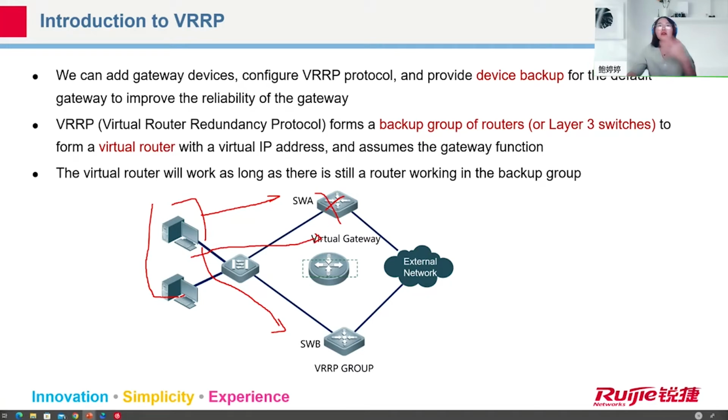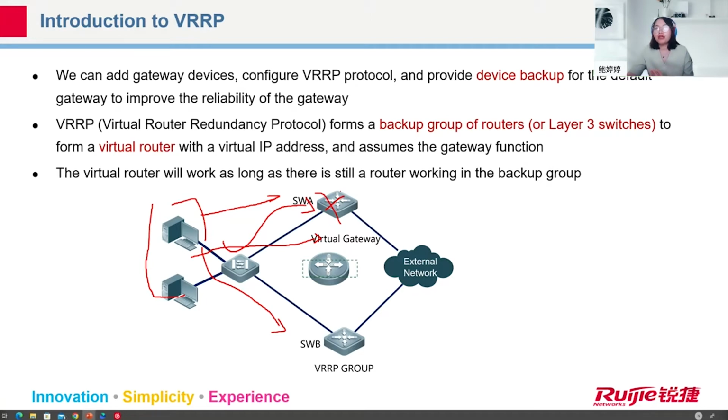Then we select one as master and one as backup. In normal times, the master actually forwards the traffic. Although the actual gateway address may be different from the virtual one, it doesn't matter. All the PCs will think my gateway IP address is 10.1.1.3, but finally the traffic will be forwarded by switch A.